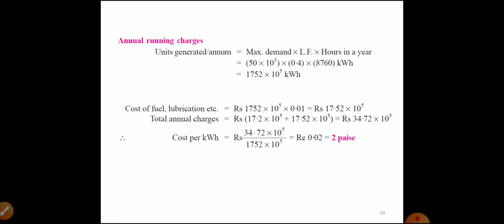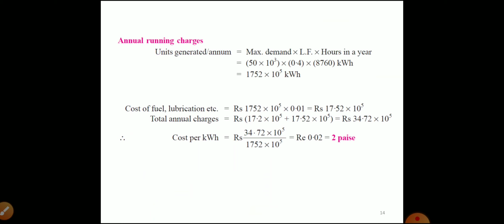There is a formula: maximum demand into load factor into hours in a year. 50 megawatt is given as the maximum demand, so we have converted it into kilowatt: 50 into 10 to the power 3, into load factor 0.4, and the hours in a year is 8760. So 1752 into 10 to the power 5 kilowatt hour. So these many units have been generated.